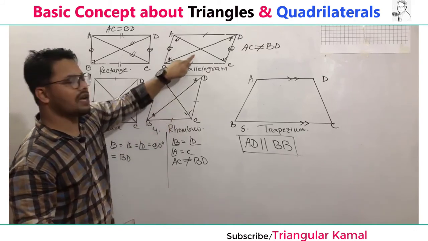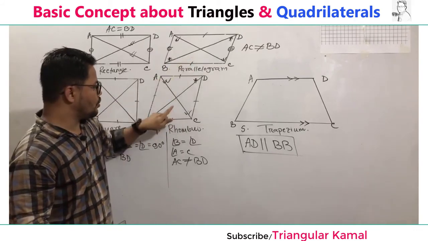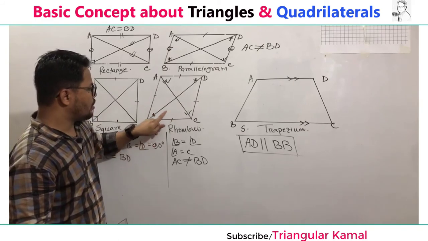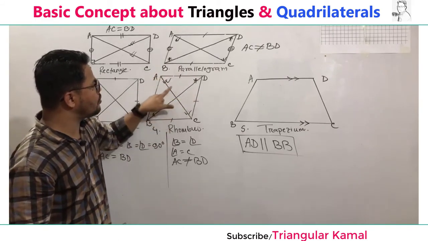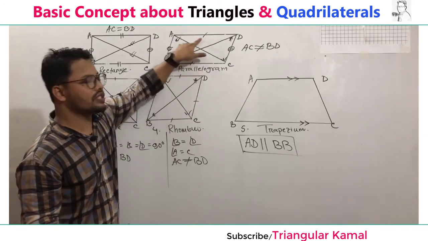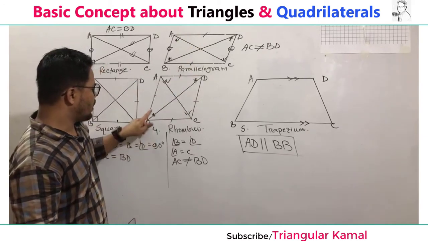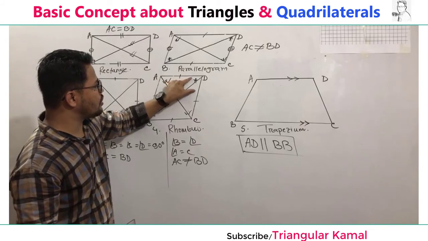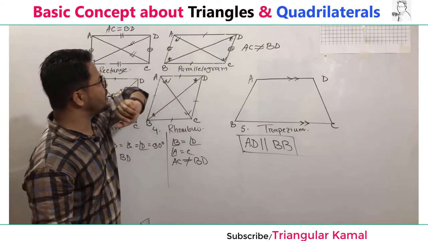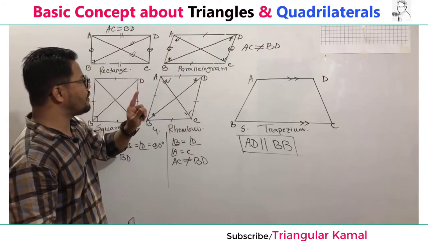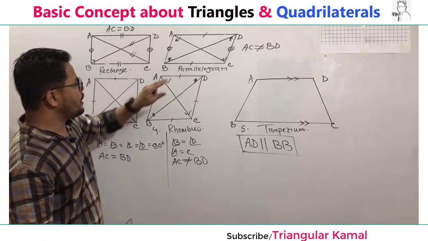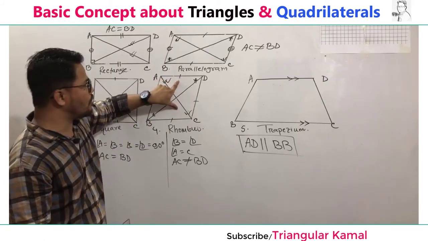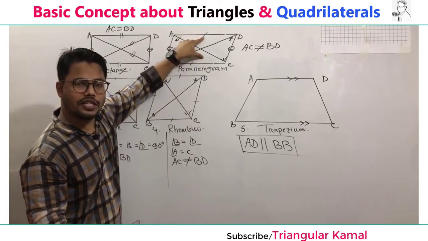So now find the difference between rhombus and parallelogram. So dear students, in the case of a rhombus, we see the four sides are equal. Here only two opposite sides are equal. Here two opposite angles are equal, and here also two opposite angles are equal. So the difference is there: the four sides are equal, while there only two opposite sides are equal.